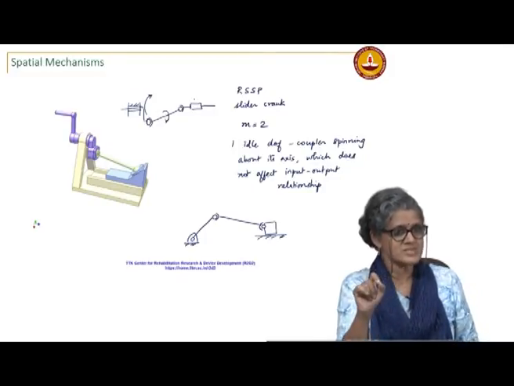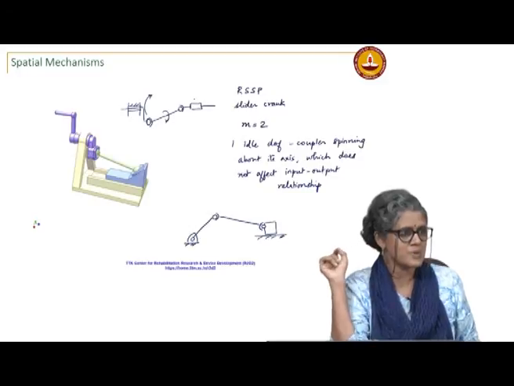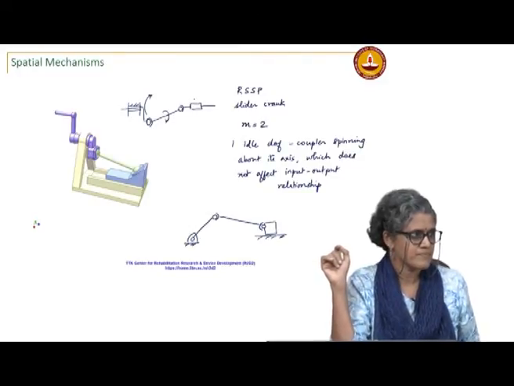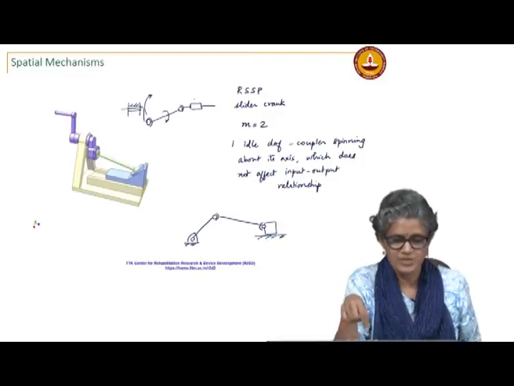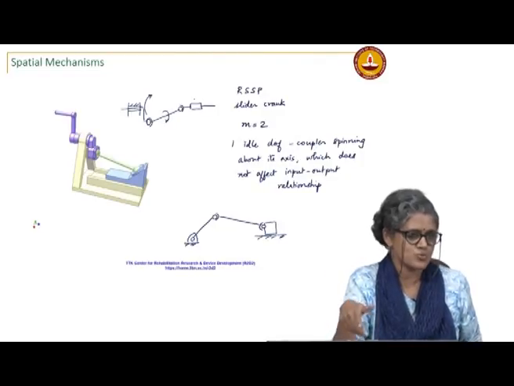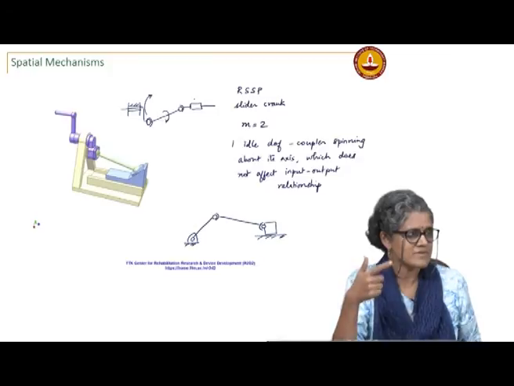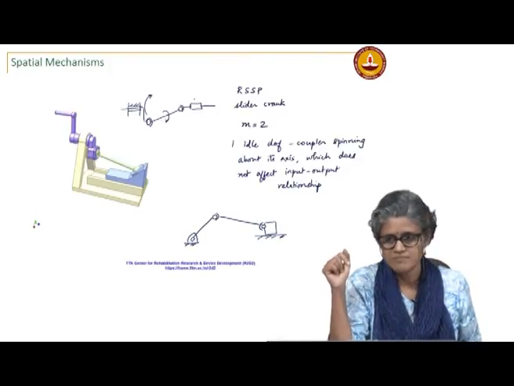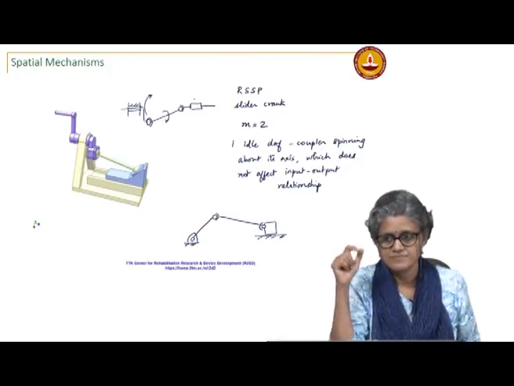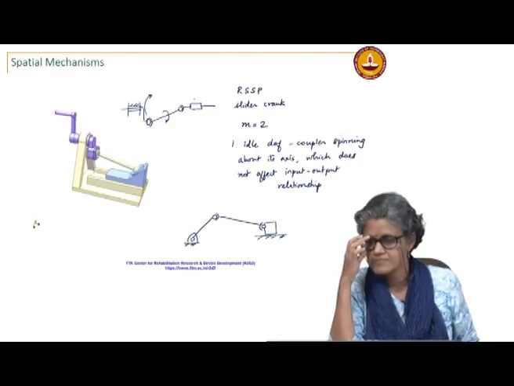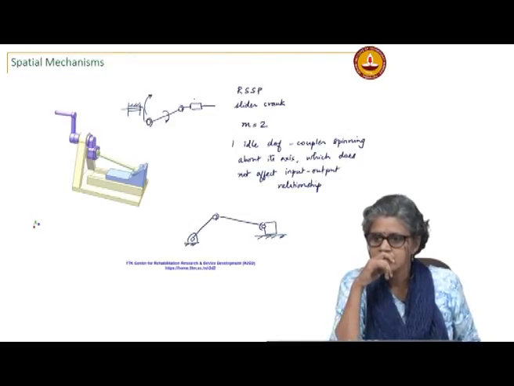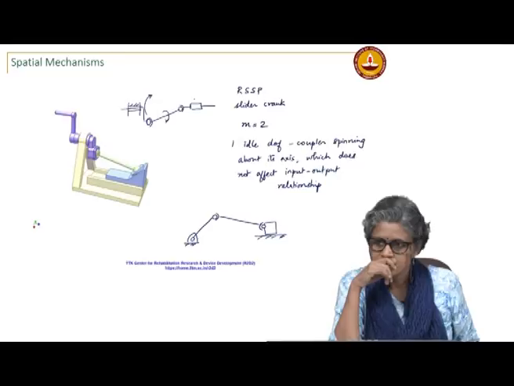It is a special case of movement where you are getting a dwell. Mobility is still 1 for this. In this case mobility is still 2 because you have that other independent motion about the coupler axis. The slider doesn't move there, right? So if you fix that slider, it still is a mechanism, it still moves.